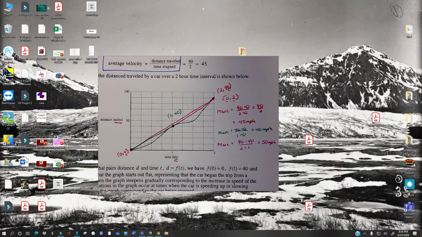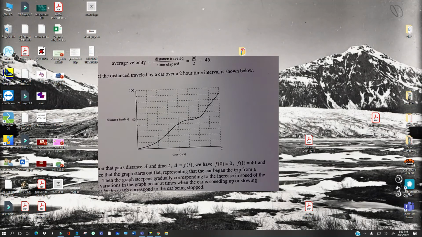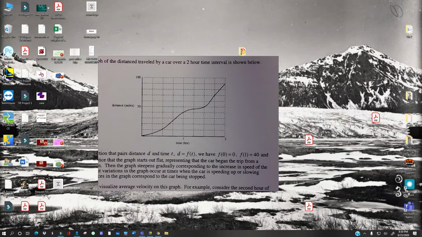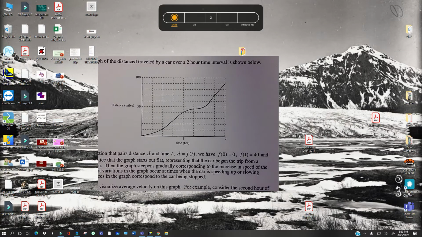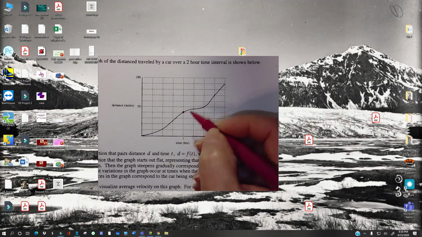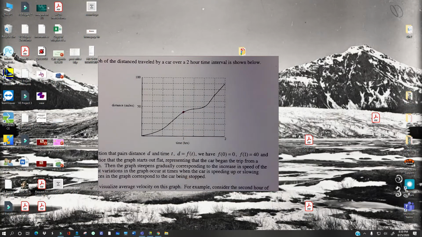Now, I printed out a couple of the same copies because I want to use that graph again. If I said to you, I want to know what the velocity, so I'm not saying average velocity anymore, I'm saying velocity. What is the velocity of this function, or this car, object, whatever you want to call it, at the instant when time is equal to 1?